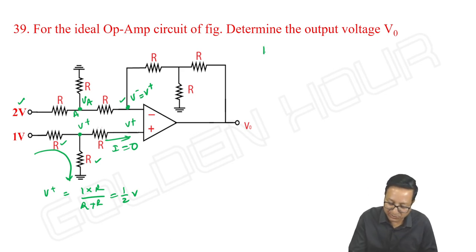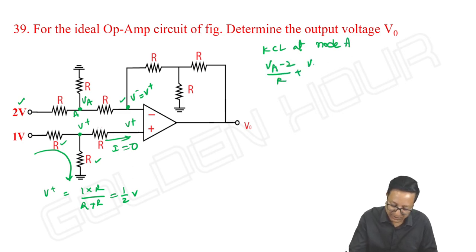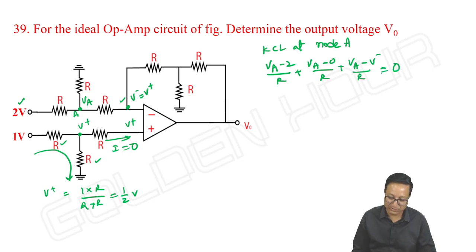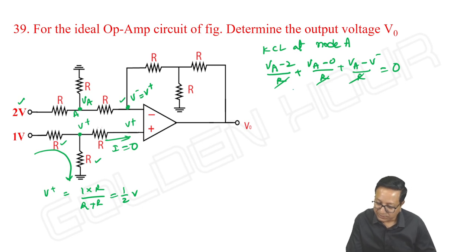So KCL at node A: VA minus 2 by R plus VA minus 0 by R plus VA minus V minus by R is equal to 0. So R is cancelled. Then 3 VA is equal to 2 plus V minus.